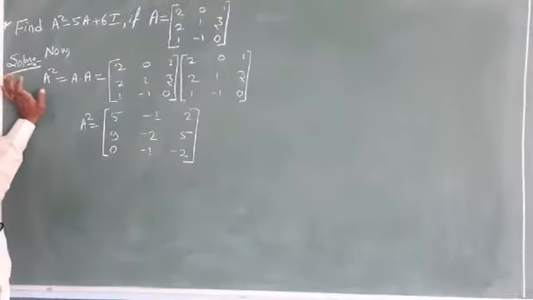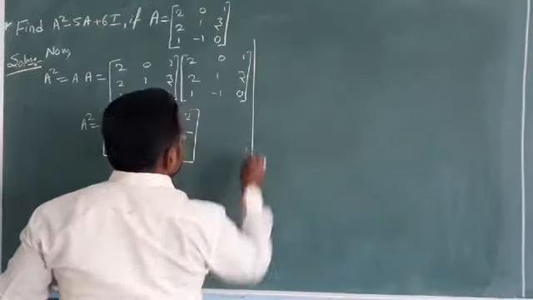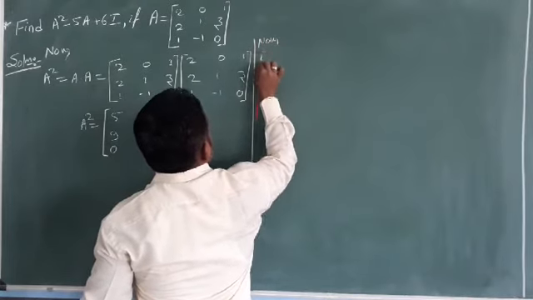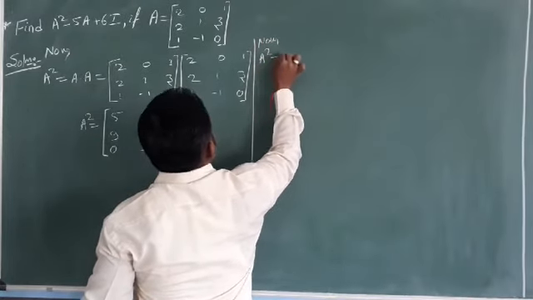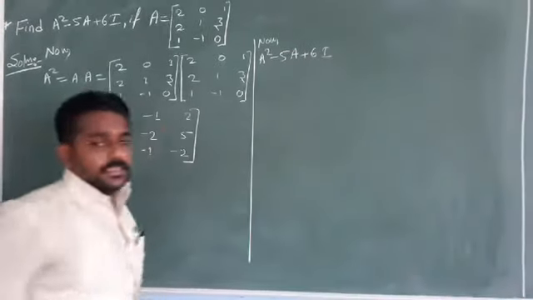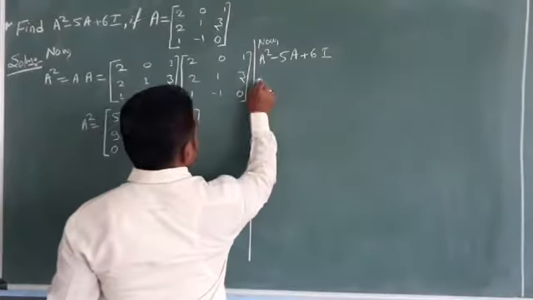Just substitute A square, 5A and 6I in the given expression. So what is the result here, students?